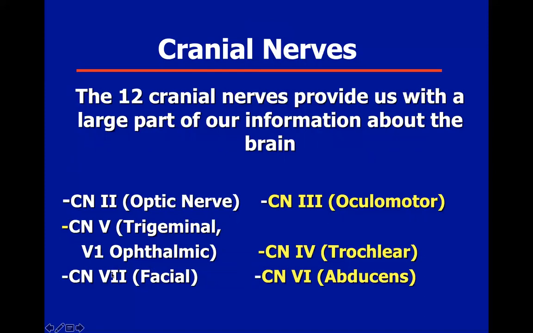Cranial nerve 7, which is the facial. Then, of course, cranial nerves 3, 4, and 6. I've highlighted those in yellow because those are also the eye nerves. We're going to be studying more about it when I go into strabismus and teach you the different motilities of the eye.